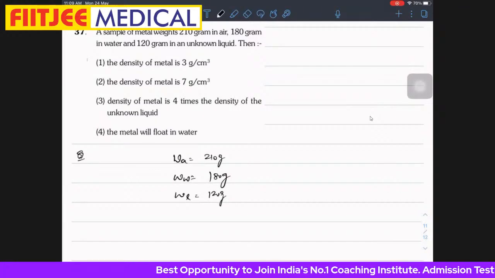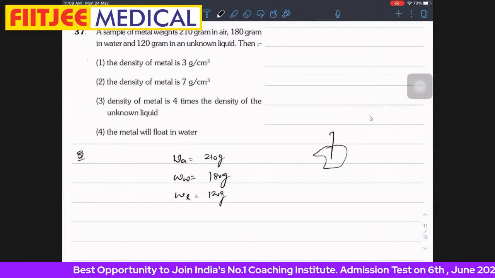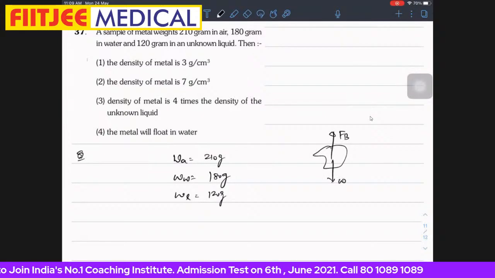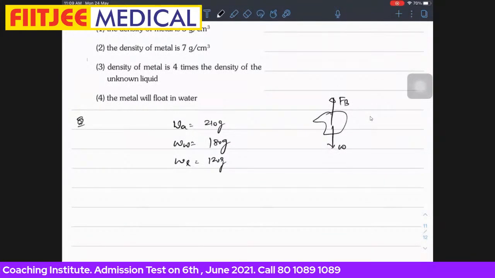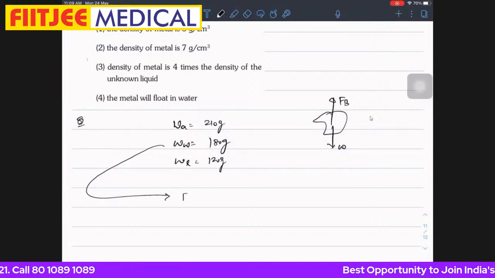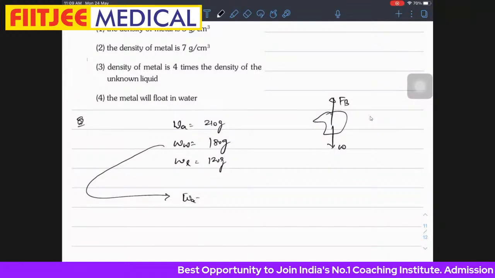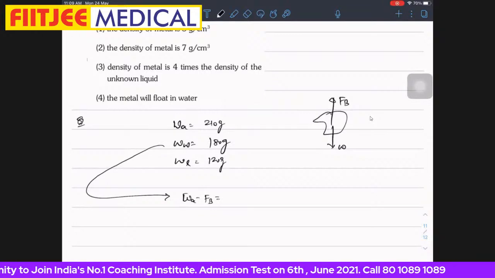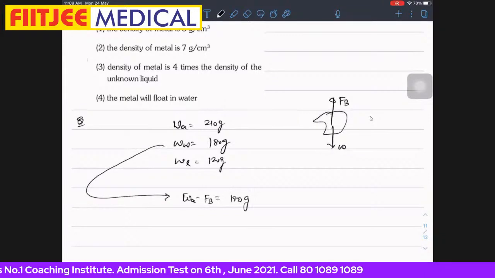So in water, what can we write? In water, the buoyancy force will act upward and the weight will act in the downward direction. So I can write this relation: the weight in air minus the buoyancy force equals 180 gram.